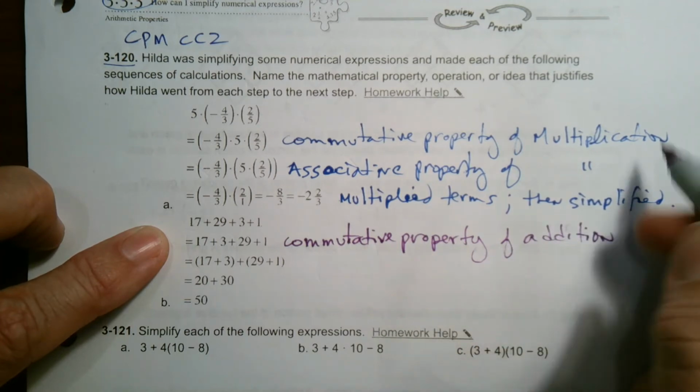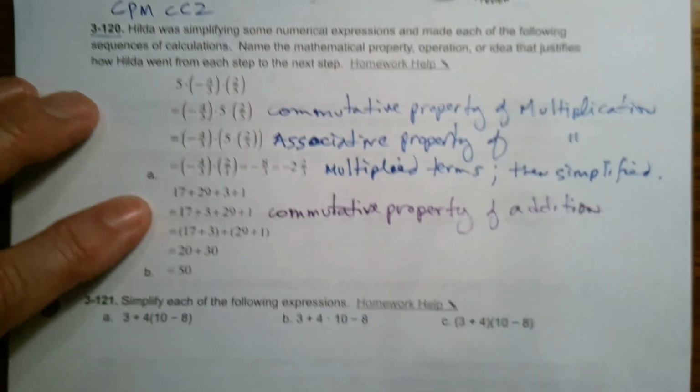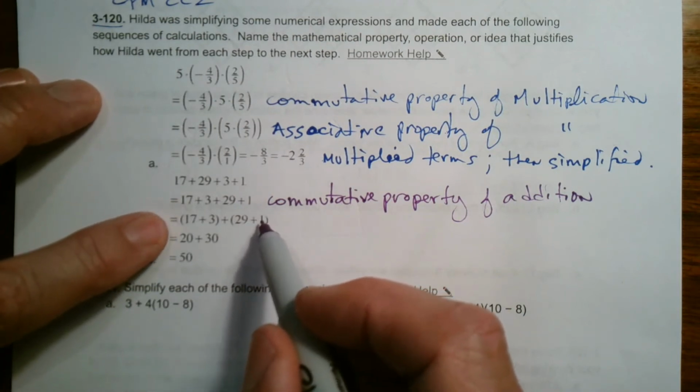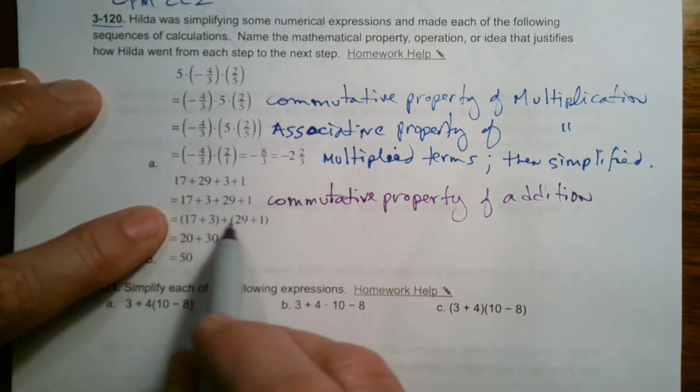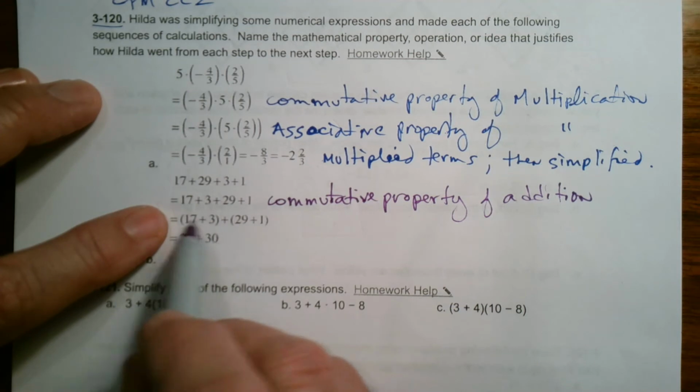We did the commutative property of multiplication up here. Now we're doing the commutative property of addition. Then from here to here, the order of the numbers stayed the same, except we're going to be adding in different orders because of added parentheses. Those grouping symbols were added. What allows you to do that?